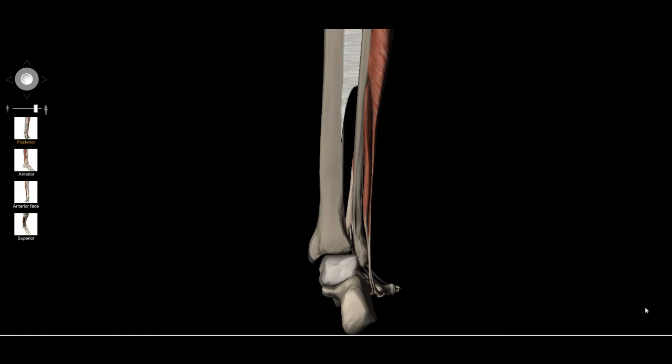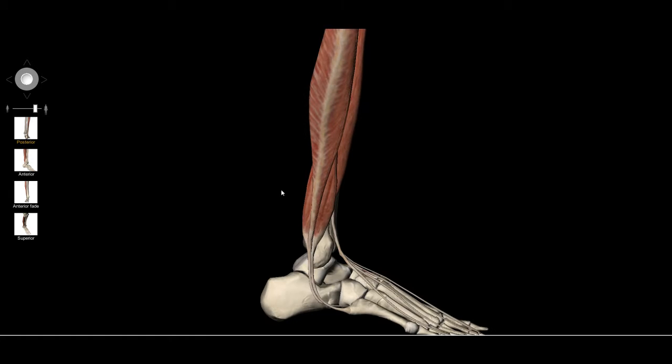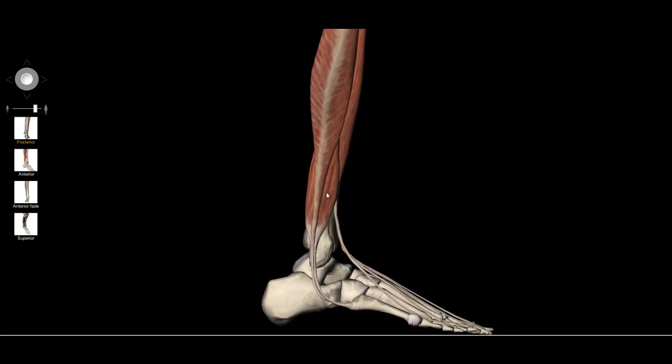I want to spend a minute and just review the other two motions that are occurring in the ankle joint, again talking about in space, and that would be the direction of eversion, which occurs with the action of the peroneus longus and the peroneus brevis.